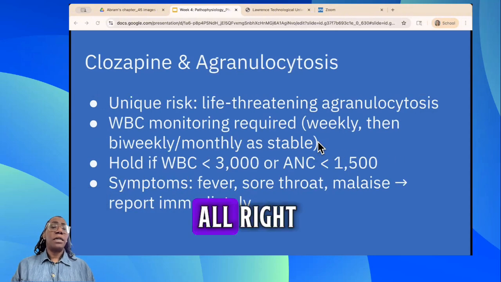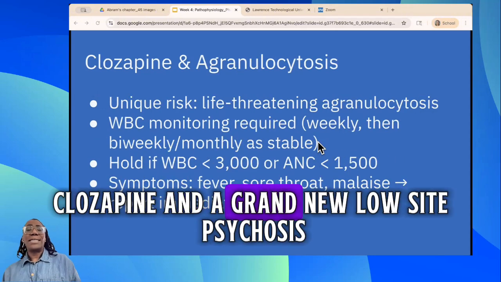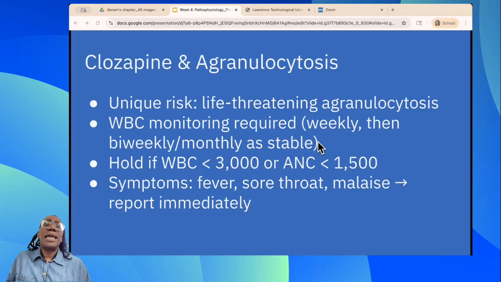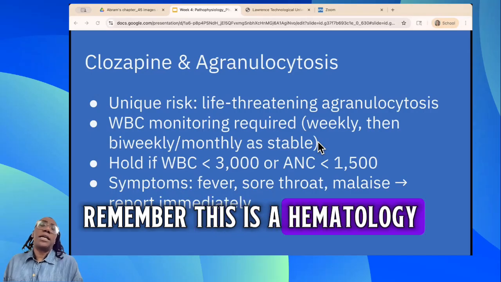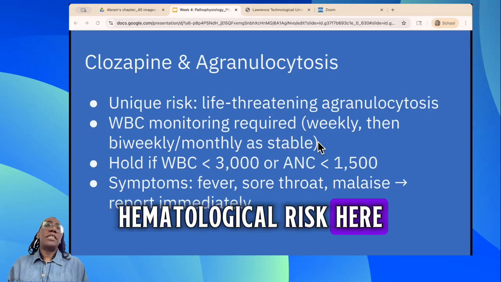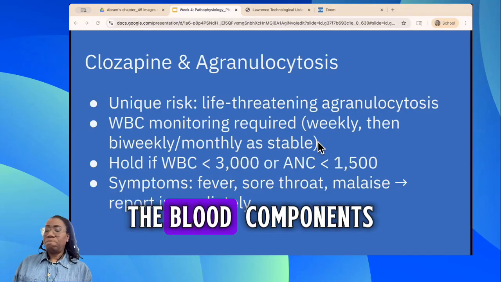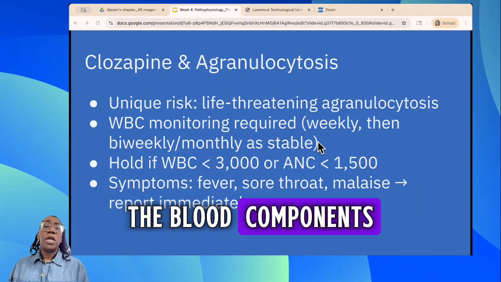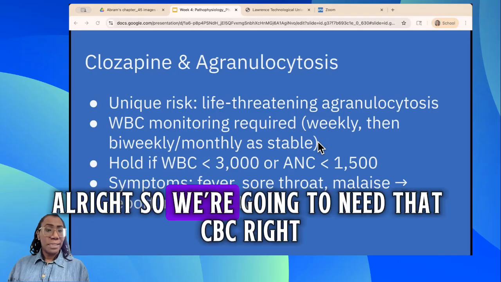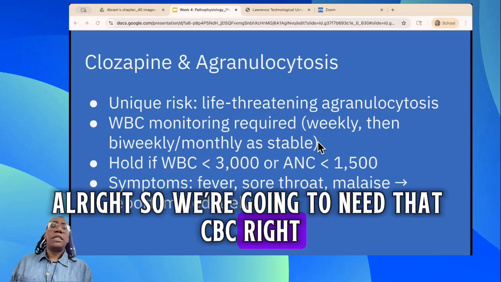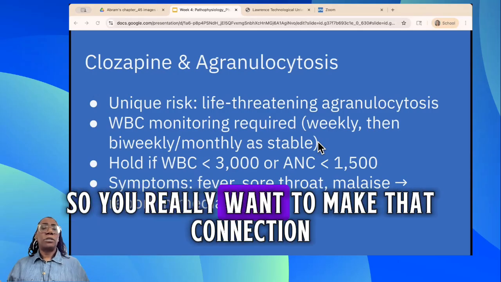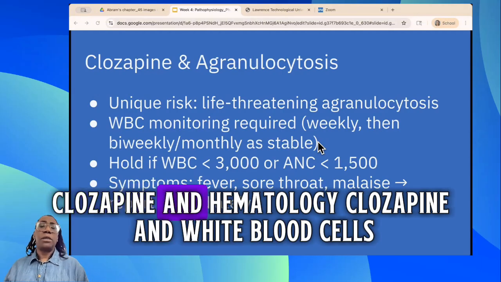All right. Clozapine and agranulocytosis. Remember, this is a hematological risk here. Hematological, meaning having to do with the blood count, the blood components. All right. So we're going to need that CBC, right? So you really want to make that connection: clozapine and hematology, clozapine and white blood cells.